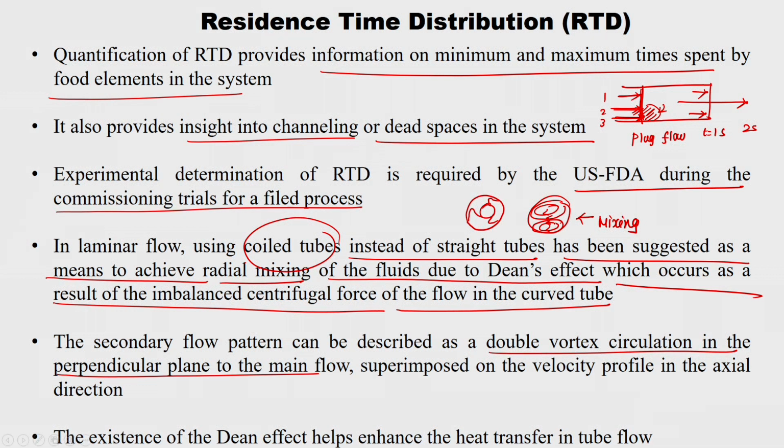This is the main flow, this is a perpendicular plane, superimposed on the velocity profile in the axial direction. And the existence of Dean effect helps enhance the heat transfer in tube flow as well. So, as we have seen, it definitely increases the mixing. If you increase the mixing, obviously the heat transfer is enhanced.